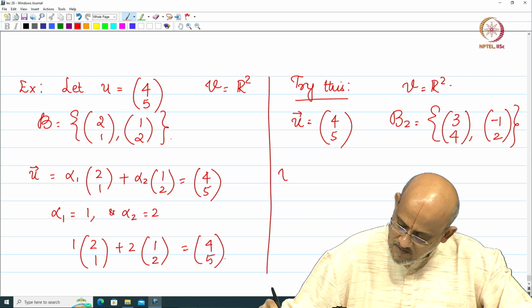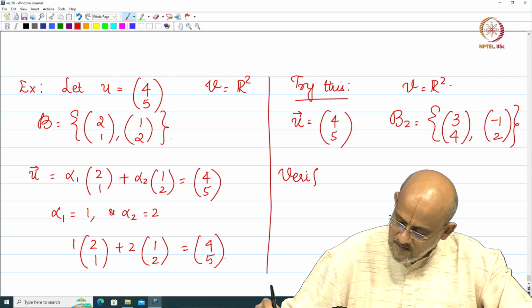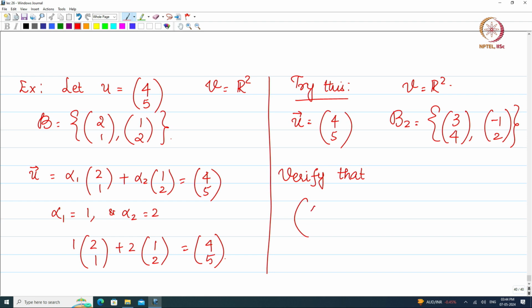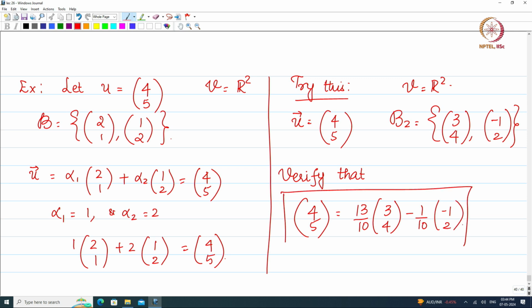You can verify that 4 5 is equal to 13 by 10 into 3 4 minus 1 by 10 into minus 1 2. Please verify this, right. This is another interesting thing.